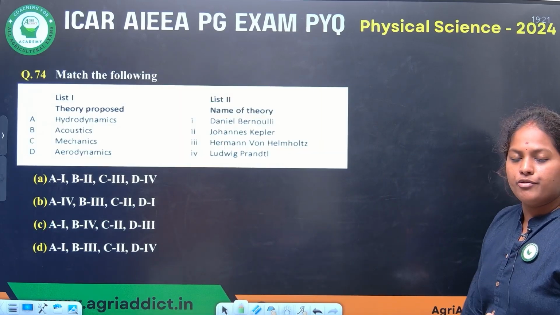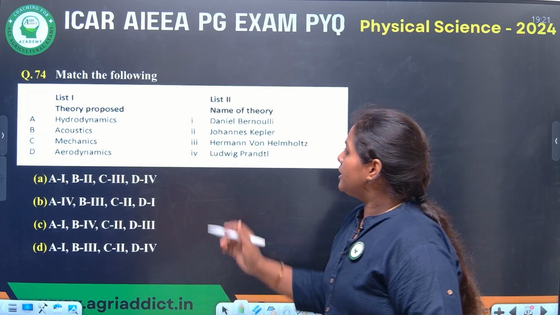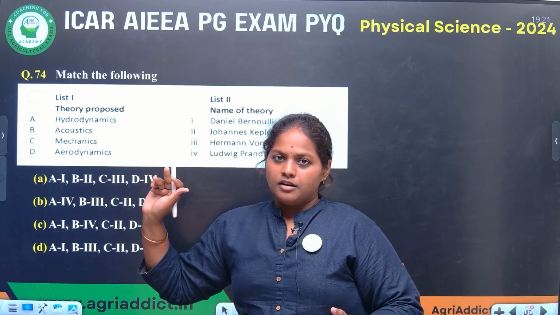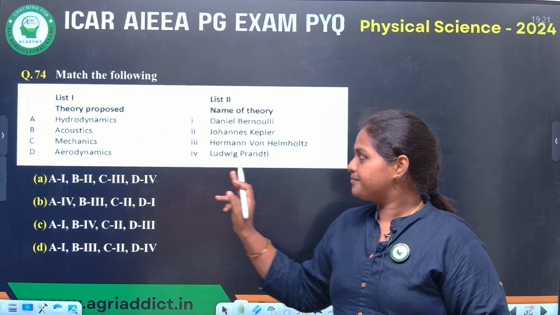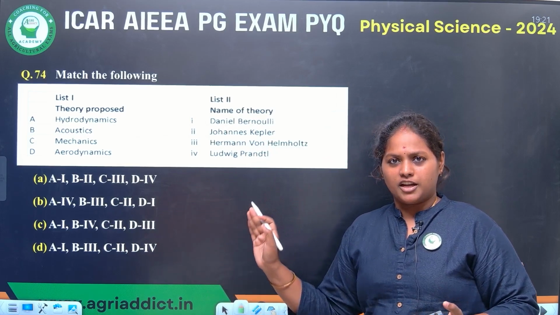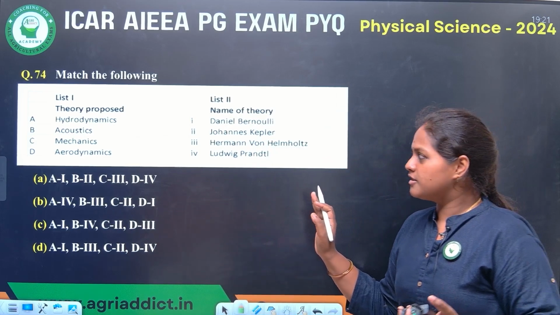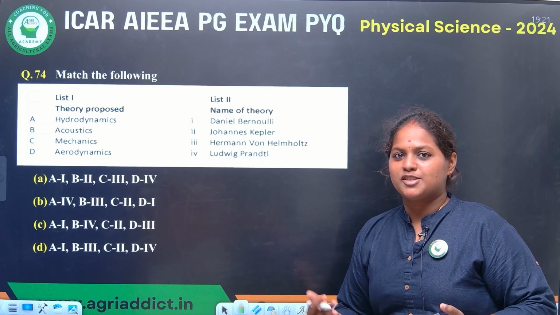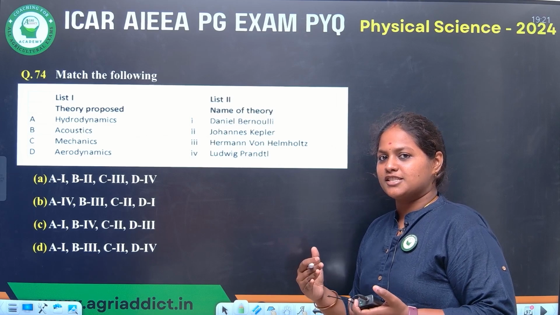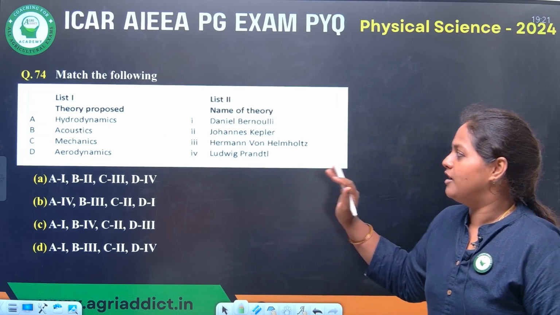Question number 74. Match the following. Theory and name of the theory. This is a question that is related to hydrodynamics actually, like fluid mechanics. Actually, this is a very unexpected question. Those who are strong in plus two and basic parts of physics and chemistry can answer this very well.